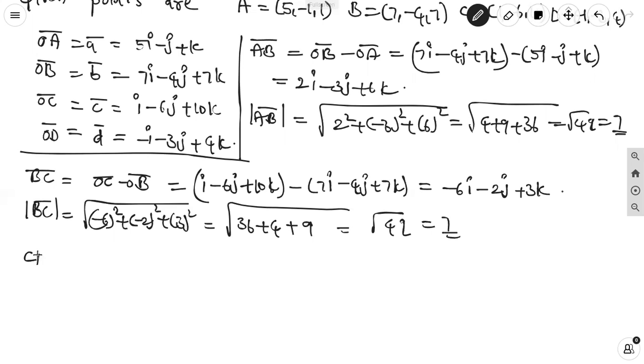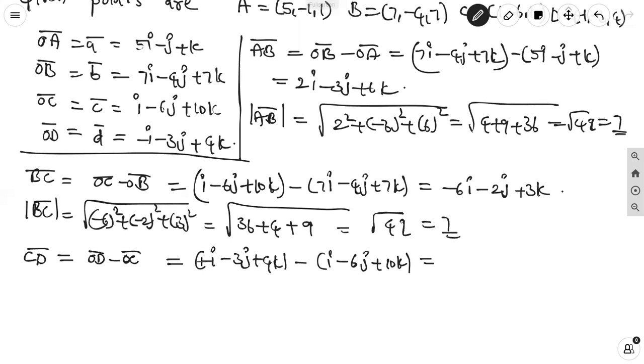Next, to find out CD. OD minus OC is equal to minus i minus 3j plus 4k minus (i minus 6j plus 10k). It is equal to minus 2i, minus 3 plus 6 is 3j, 4 minus 10 is minus 6k.